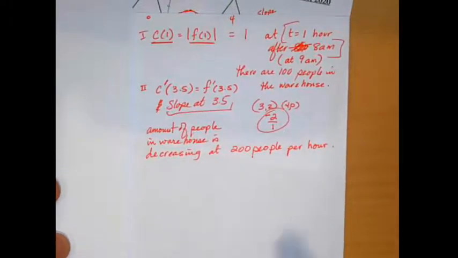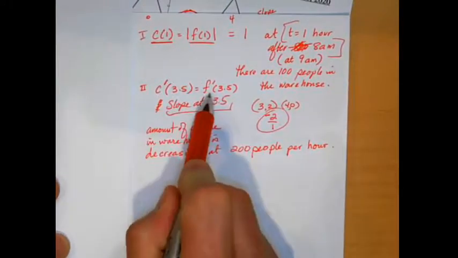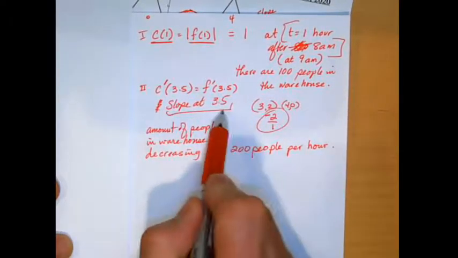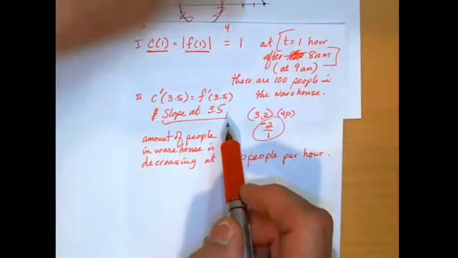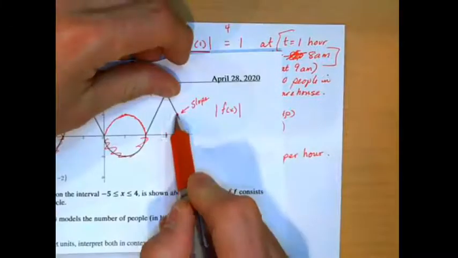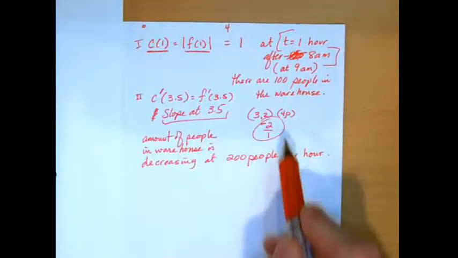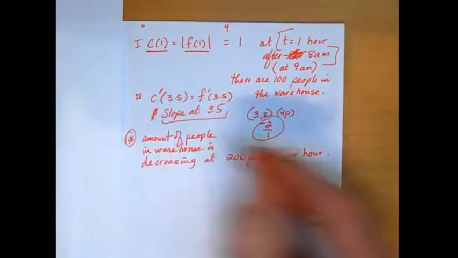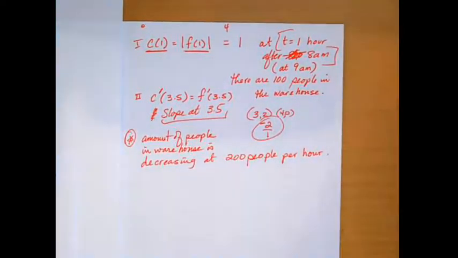Now, oh, sheesh. Again, Mr. Goubino. All right, so c prime of 3.5 is the same as f prime of 3.5. So I need the slope at 3.5 from my graph. And at 3.5, I need the slope of that line. That's a linear function, which is -2. So this is the answer that you want to write: the amount of people in the warehouse is decreasing at 200 people per hour.